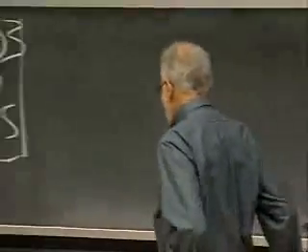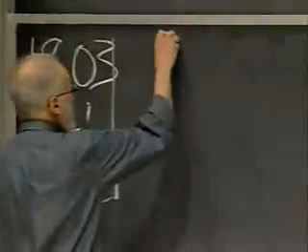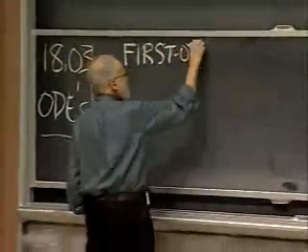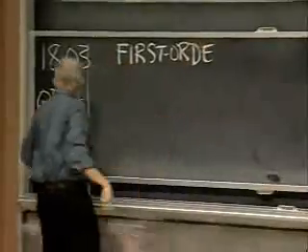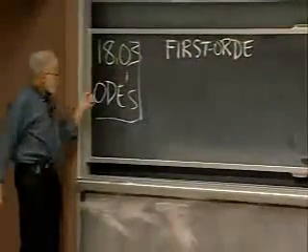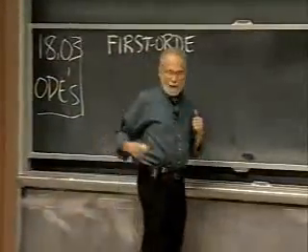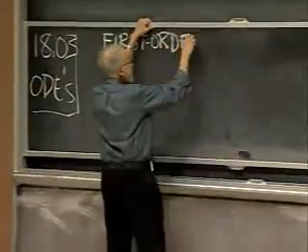So we're talking about first order ODEs. ODE, I'll only use two acronyms. ODE is ordinary differential equations. I think all of MIT knows that, whether they've been taking the course or not.